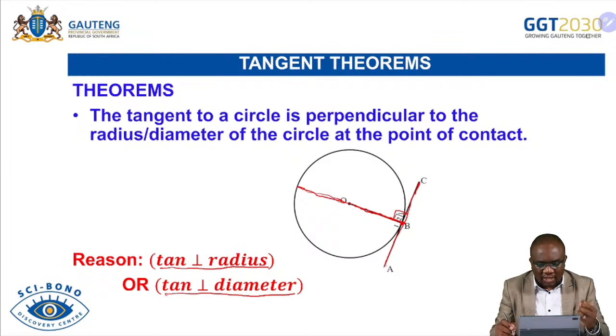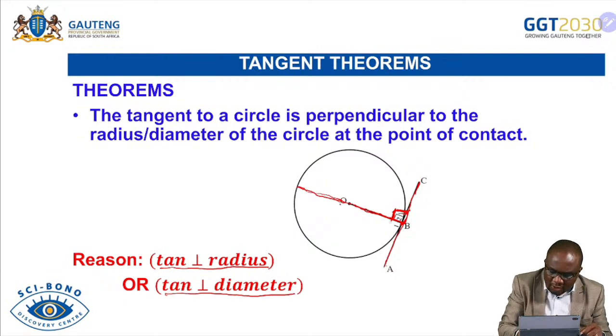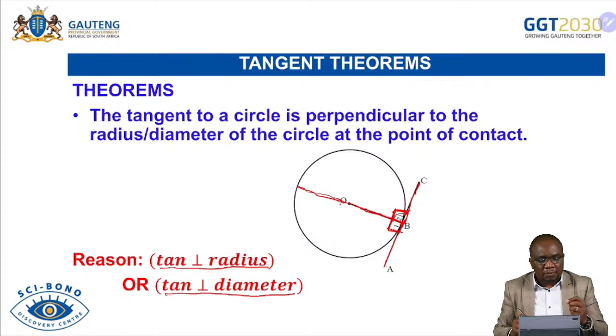Angle OBC, this angle, is 90 degrees because it's tangent perpendicular to radius. Or angle OBA is 90 degrees because tangent is perpendicular to radius.